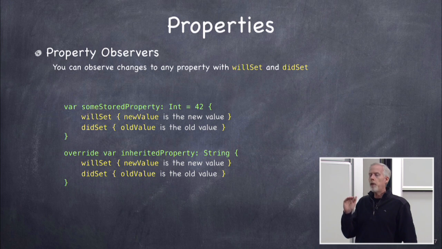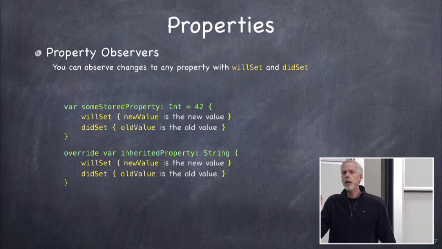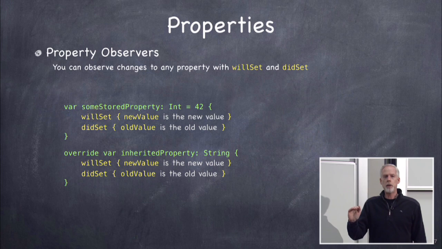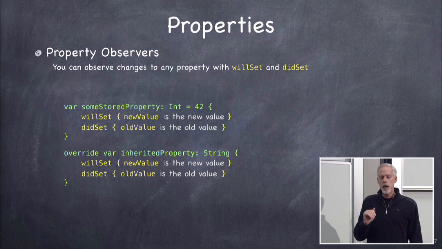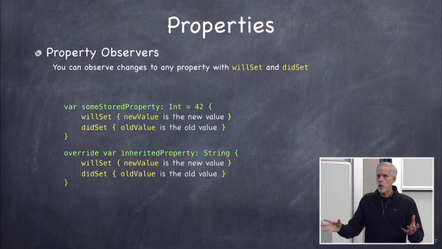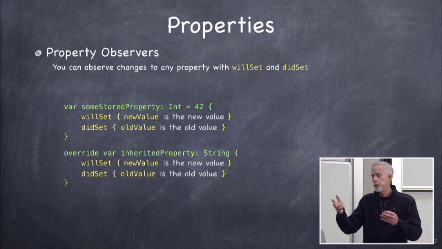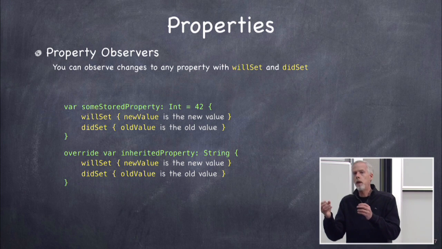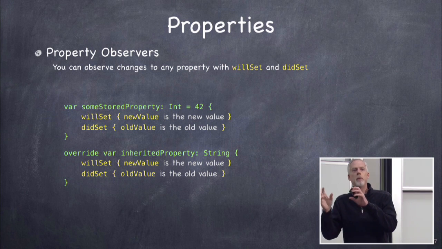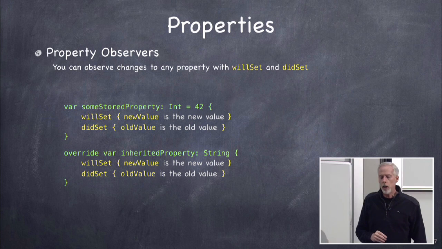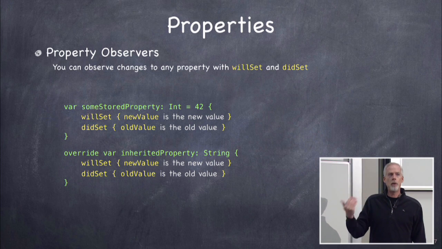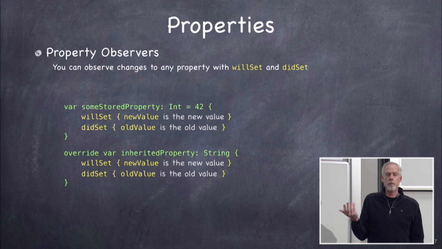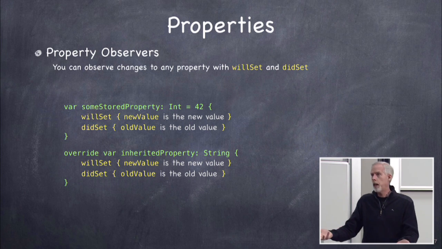You can find out just before your property changes, or just after your property changes, or both. And this works for your stored properties, like userIsInTheMiddleOfTyping, we could put a property observer on there and execute some code every time we changed that. It also works for inherited properties. So if you inherit something from your superclass, you can put these property observers in and notice that it changed.